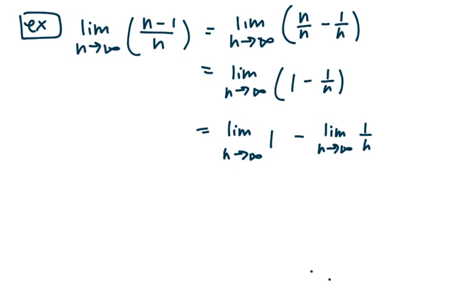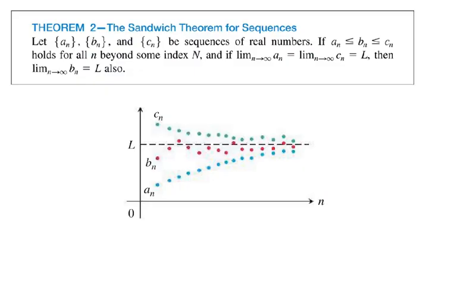The limit of a constant is just that constant, and the limit of 1 over n is 0, so we end up with 1. Using these properties in this theorem, we can simplify the limits into smaller pieces that allow us to figure out the limit of the sequence.